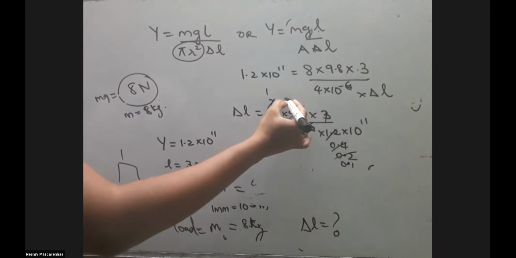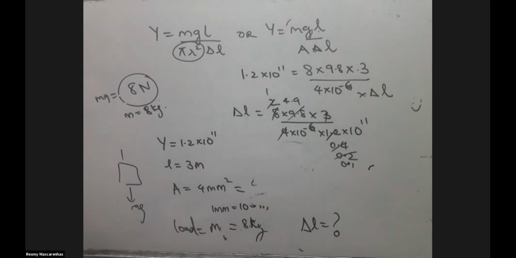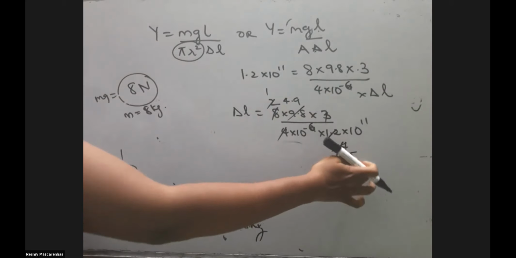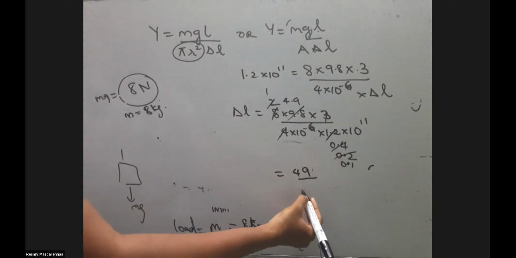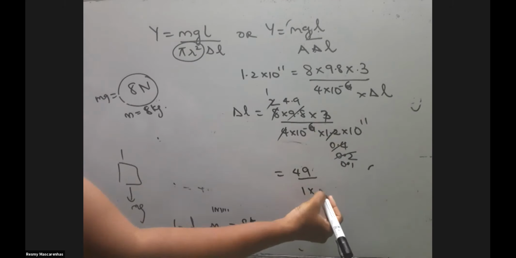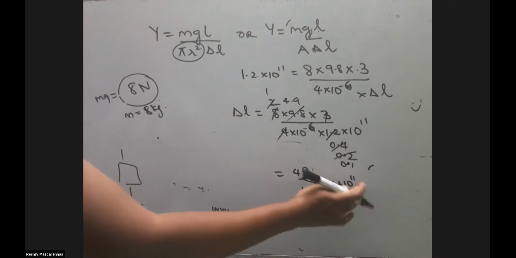So 2 4s are 8, 4.9. So 1 decimal I'm shifting here, 1 decimal I'm shifting here. So 49 upon this will be anyways 1. And the powers will be added, 10 raised to minus 6, 10 raised to 11.